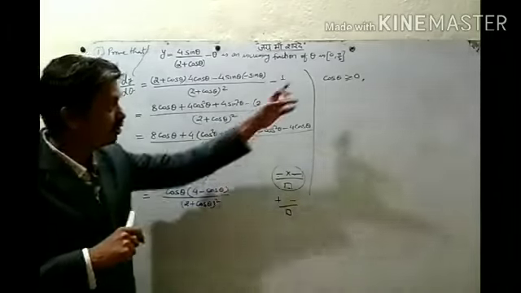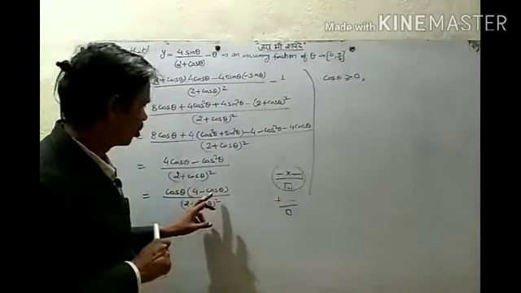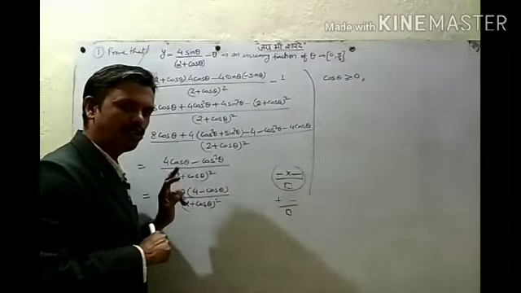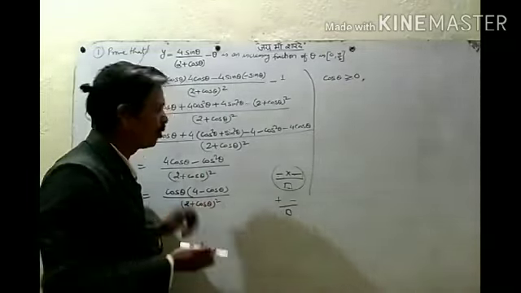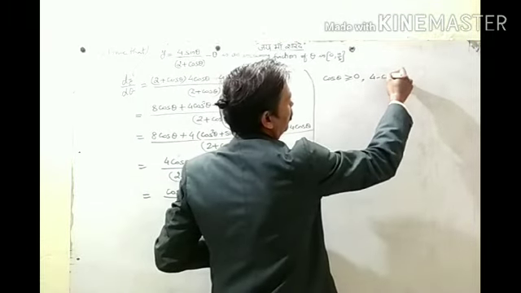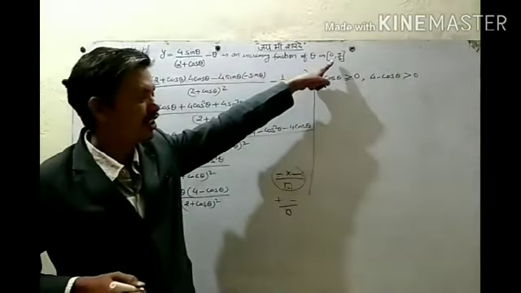But here an interval is given. So for the minimum and maximum values, if you see, cos 0 is 1 and cos pi by 2 is 0. So 4 minus 0 is 4, and 4 minus 1 is 3. It means 4 minus cos theta will always be more than 0 for this theta.